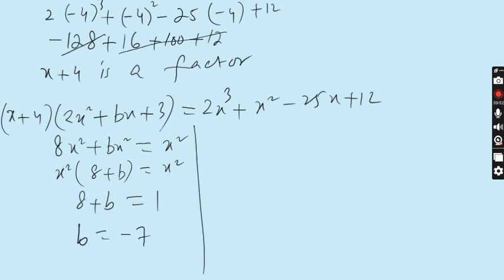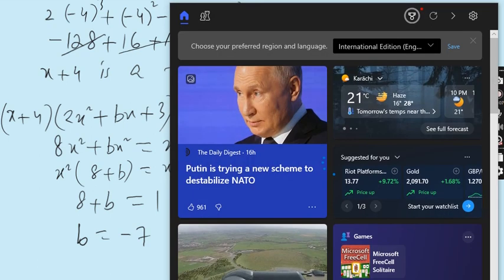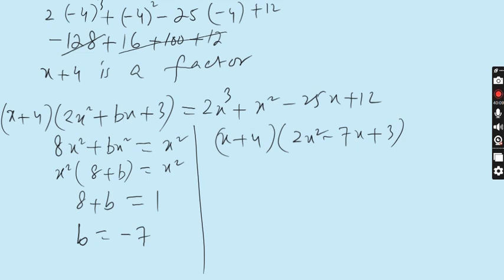Put this minus 7 instead of b. x plus 4, 2x square minus 7x plus 3. Now find the remaining two factors. It's time to apply the middle term break method.